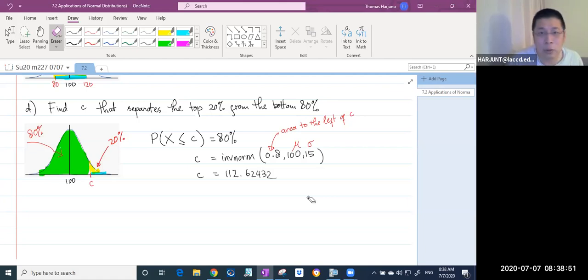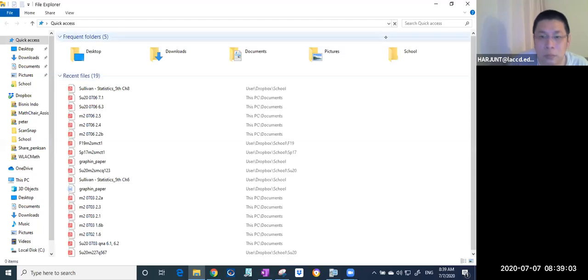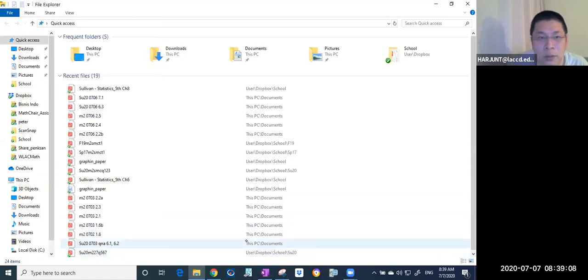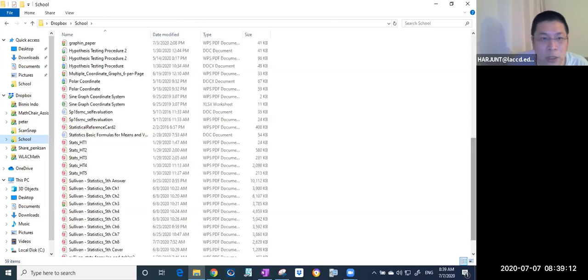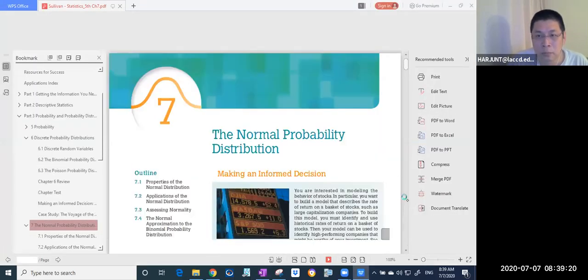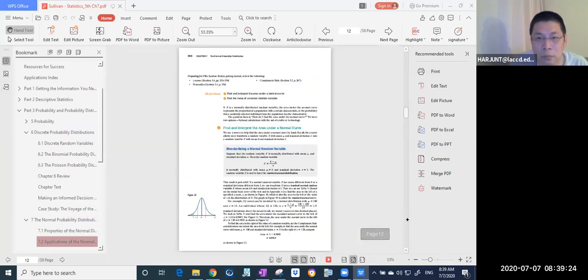Okay, let's take a look at some problems from our textbook. We are actually ready to do problems from here. Let me turn off my calculator first, and then I will pick problems from the book. This is chapter 7, section 2.